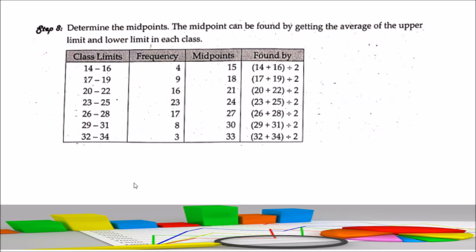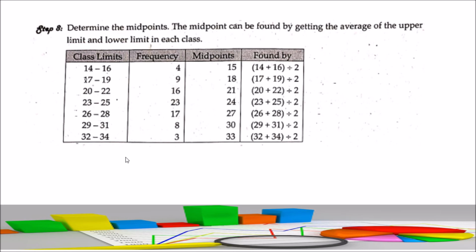Now let's proceed to step 8, the midpoints of the class. This is the middle of the class limits. To obtain it, just refer to the class limits, column 1. 14 plus 16 equals 30, divided by 2 equals 15. 17 plus 19, then divided by 2 equals 18.